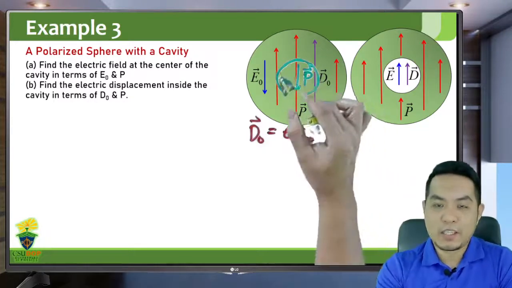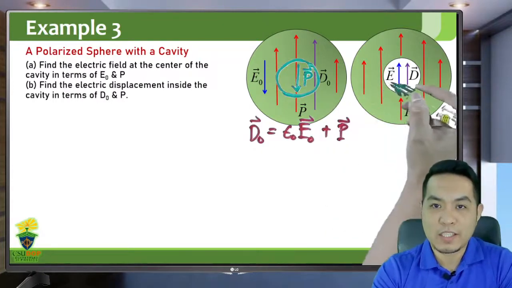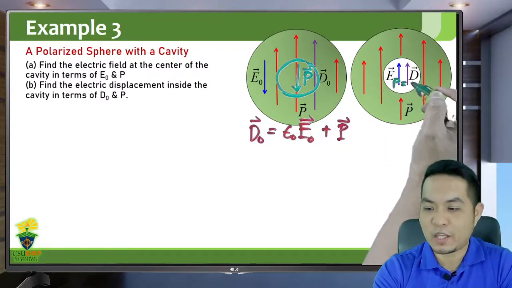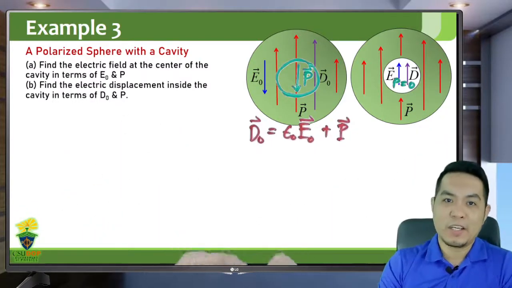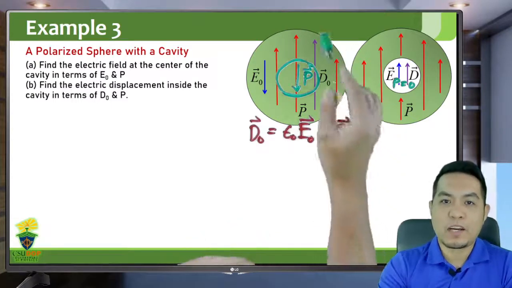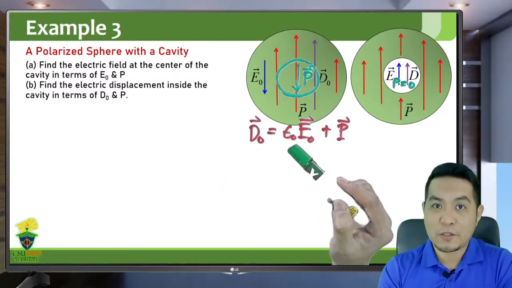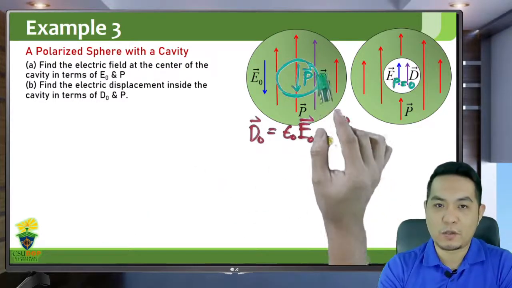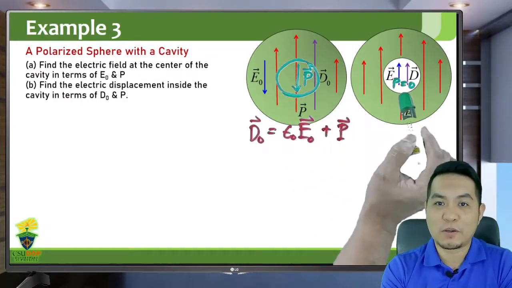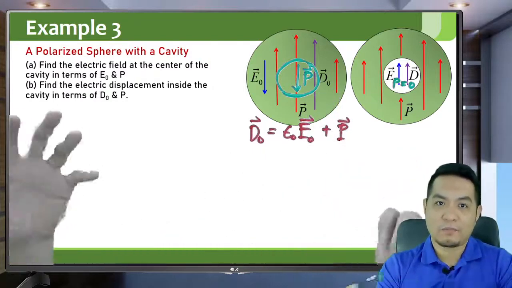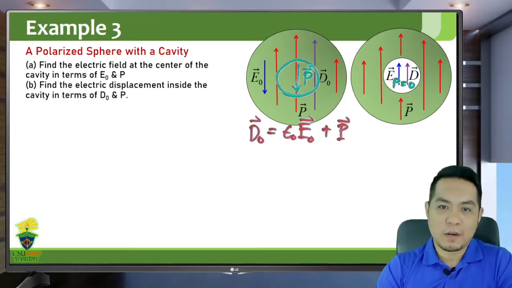Essentially, in the superposition region, the polarization is actually 0. Inside the cavity, since there's no dielectric, there's no polarization. There's nothing to polarize if there's no dielectric. So essentially, it's a superposition of a large sphere and a small sphere with the same magnitude but opposite directions of polarization, causing the overlap region to have 0 polarization. Essentially, that's how we will solve this problem.